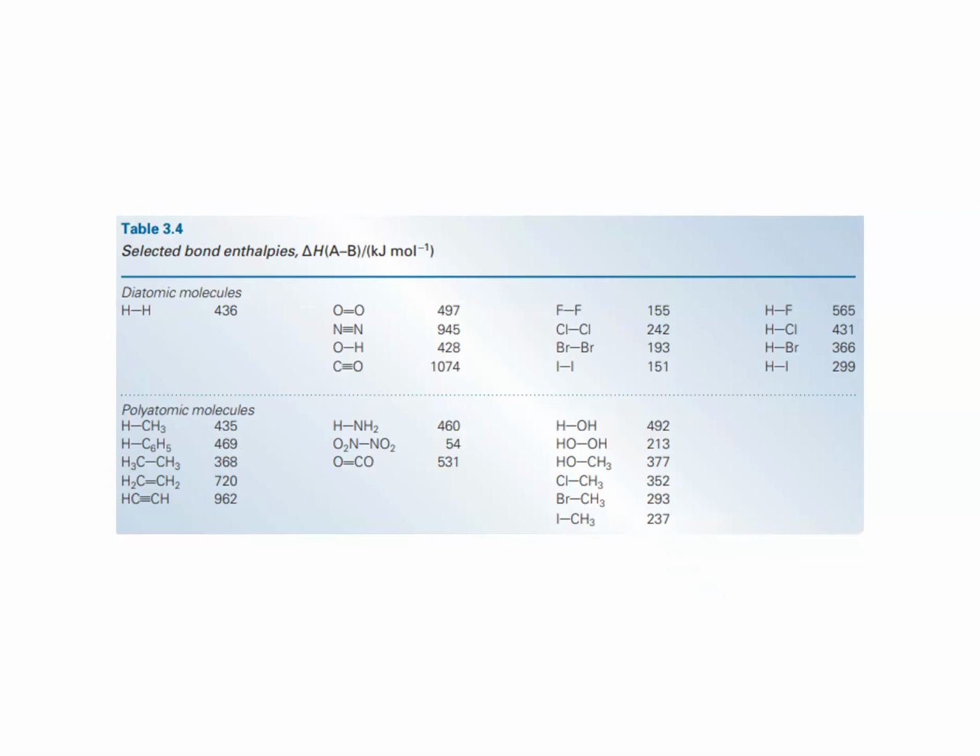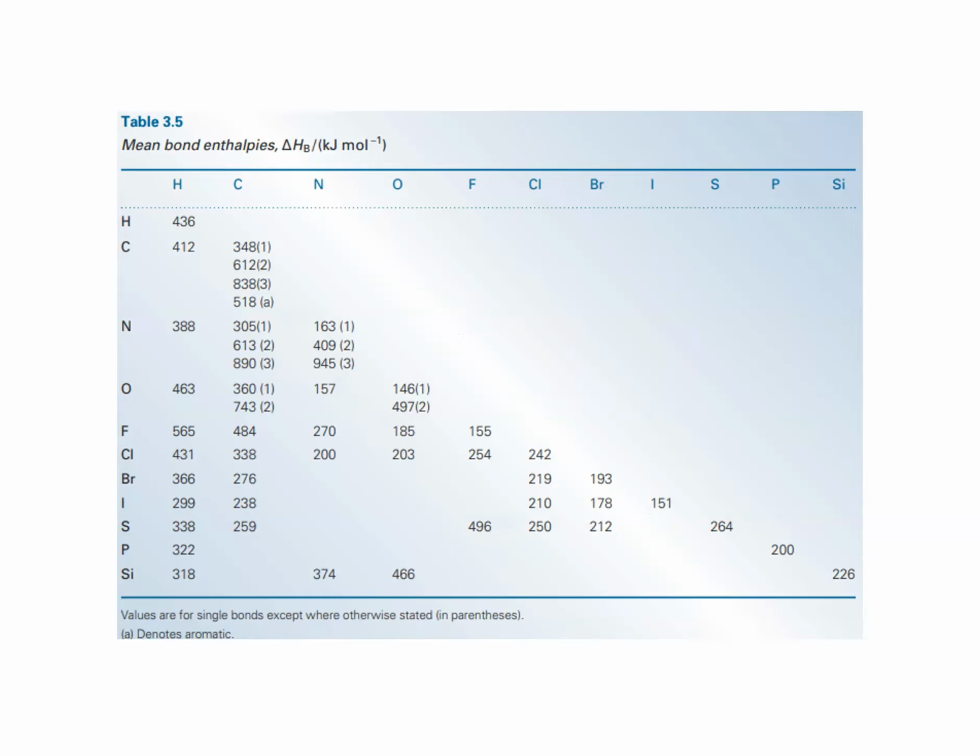Table 3.4 are selected bond enthalpies. And table 3.5 are mean bond enthalpies, which we can use to approximate enthalpies for non-specifically determined systems.